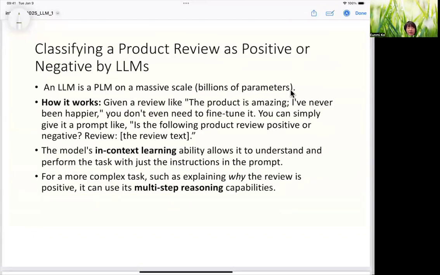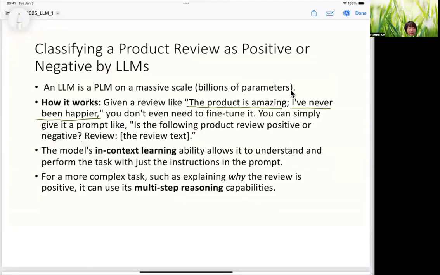Now let's take an example of product review. Given a review like "the product is amazing, I've never been happier," you don't even need to fine-tune the model now. You can just simply give it a prompt like, "Is the following product review positive or negative?"